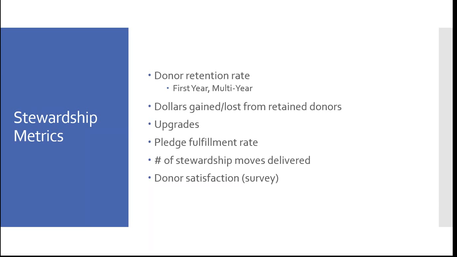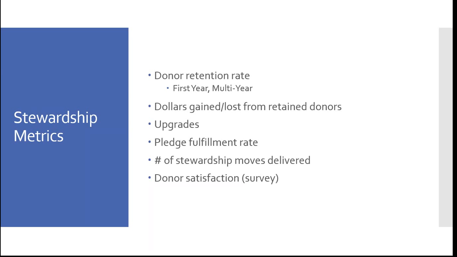Again, upgrades is a really great measure of how well you're doing with your donors, how satisfied they are, and pledge fulfillment rate is just another way of looking at retention and upgrades with donors. It's also important, in addition to some of these metrics, to think about adding some process metrics to your scorecard.